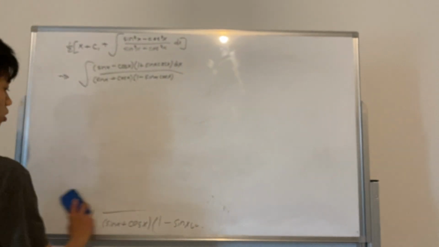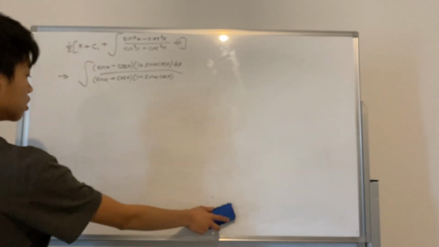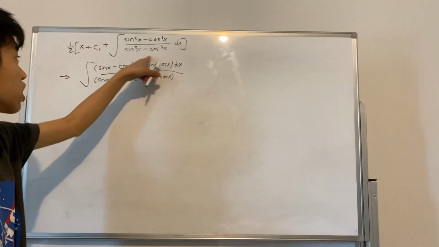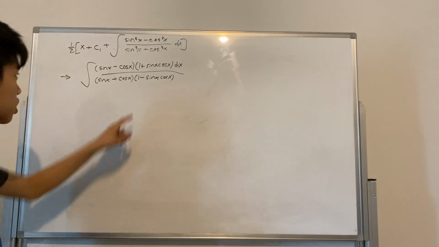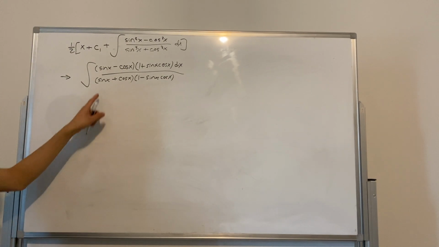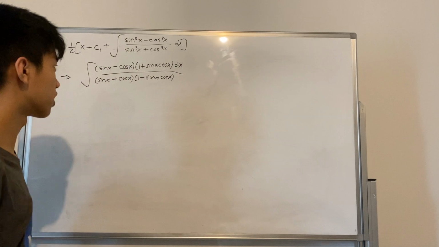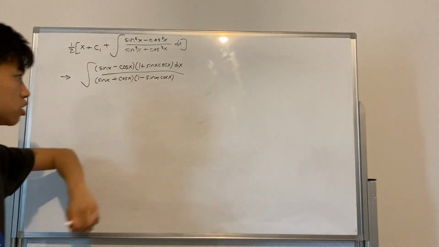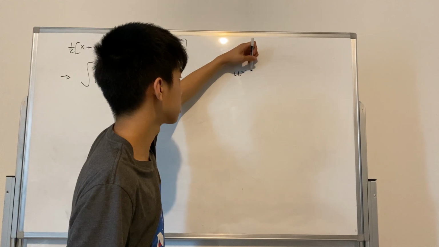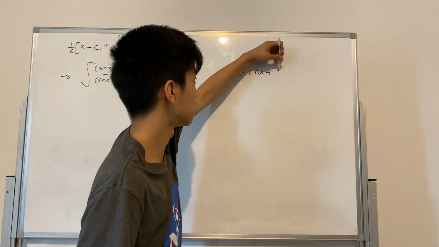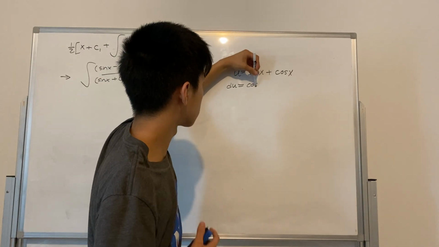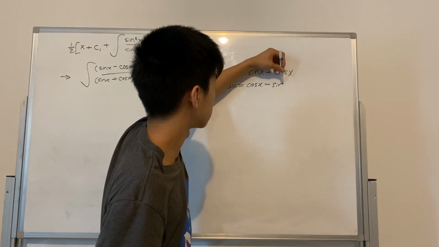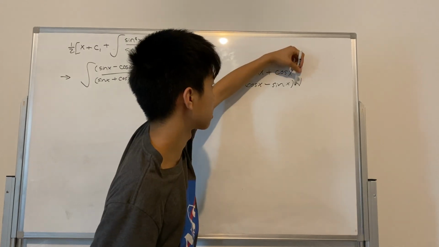And for now, we're just going to ignore these terms because our focus is evaluating this integral. So we can use an interesting u-substitution to proceed in this evaluation. Here we're going to do u equals sine x plus cosine x, which would mean that du is equal to cosine x minus sine x, all times dx.